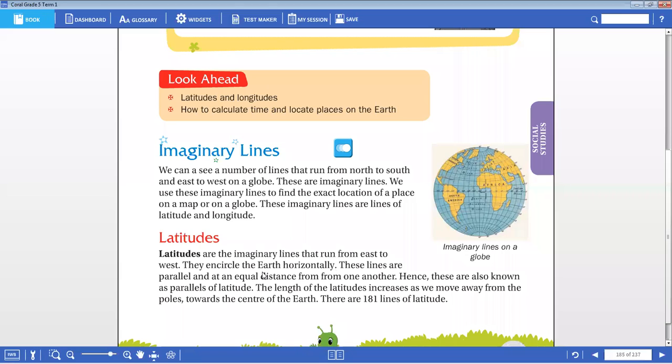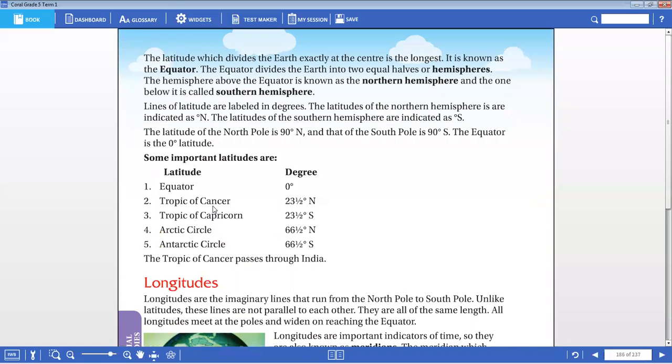Completed, children? Exactly. Equator. Hemispheres.